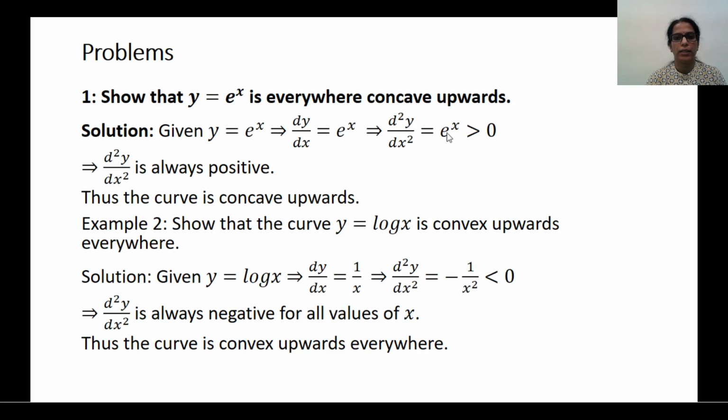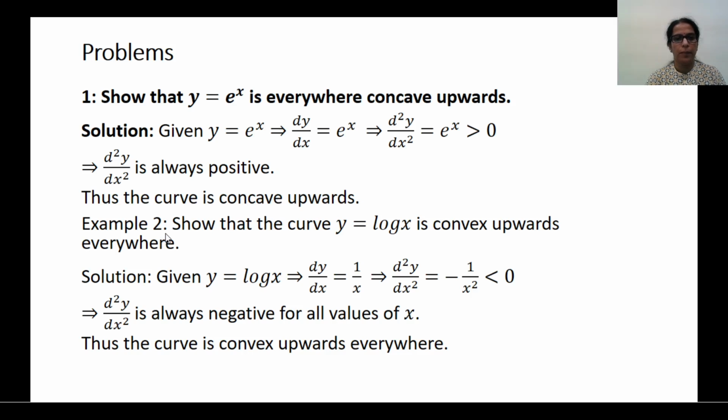We know that this is always positive, greater than 0. If d square y by dx square is greater than 0, then the curve is concave upwards.